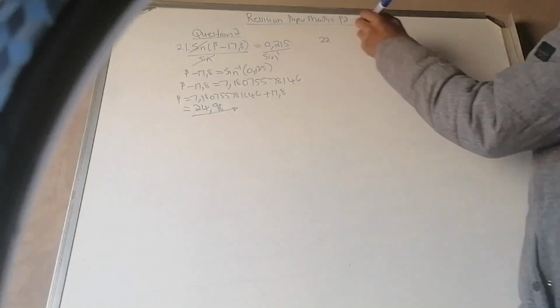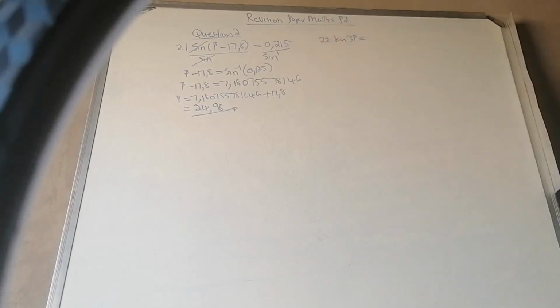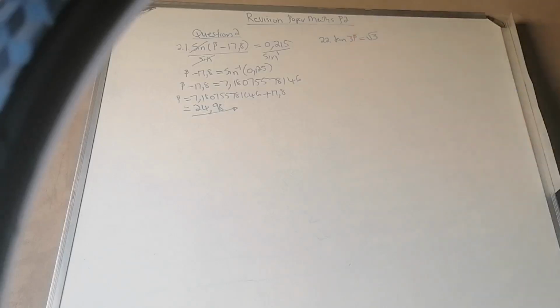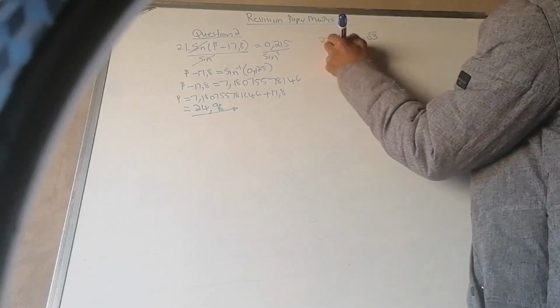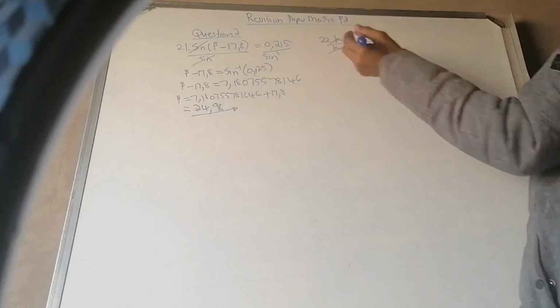Tan 3 beta equals the square root of 3. Right, from here, we can divide by tan. Divide by tan. This into this goes once.